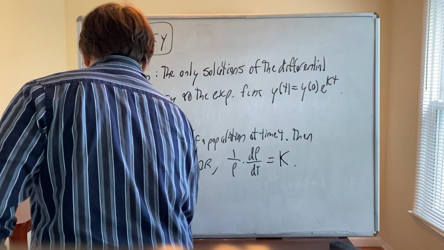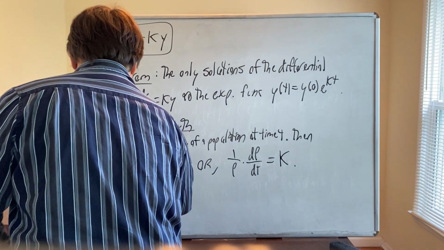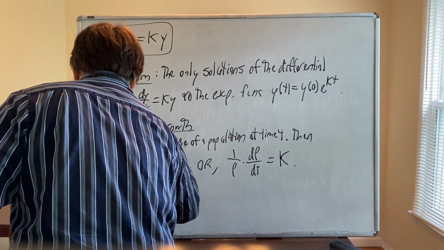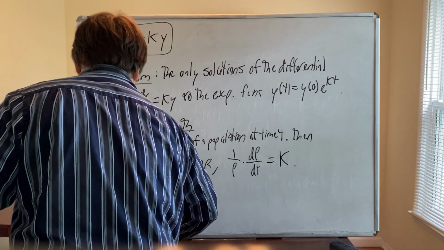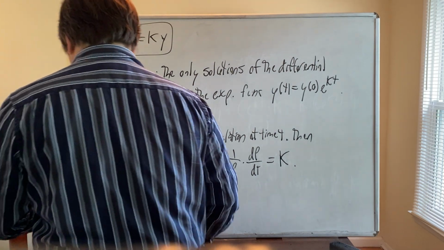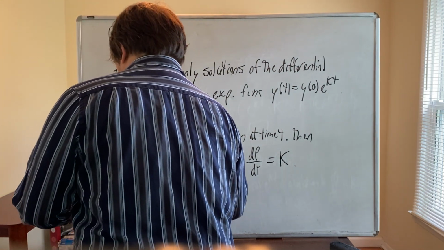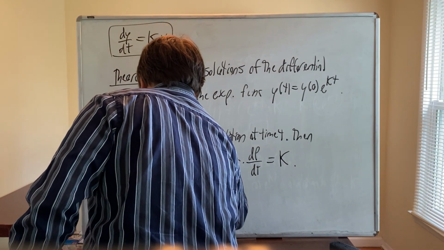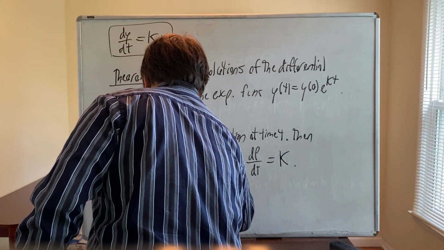One over P times dP dt is the relative growth rate.